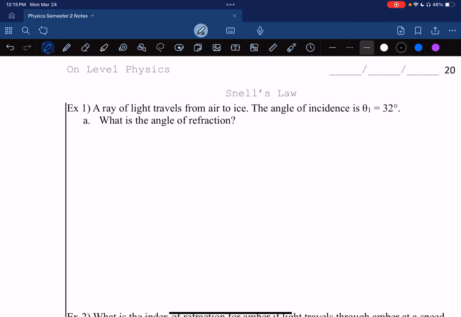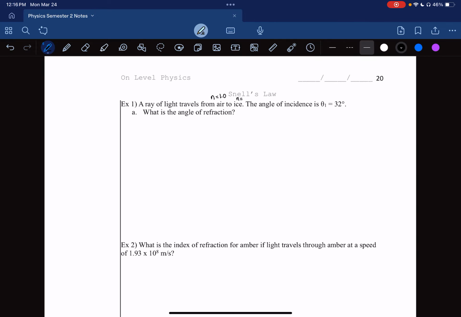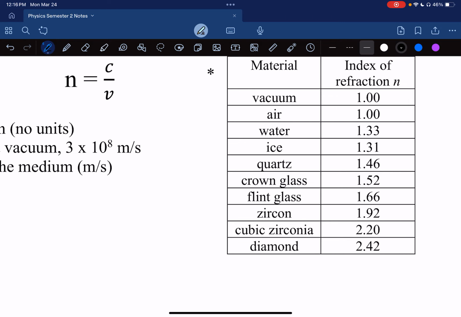So let's jump right into an example. A ray of light travels from air to ice. Right away, we need to know the index of refraction for air. That's 1.0. And we need to know the index of refraction for ice, and that's why I put this little table here. Ice is 1.31.